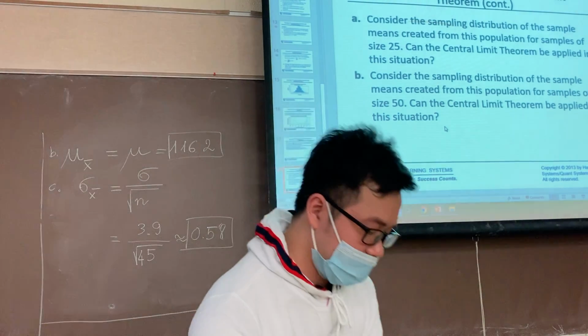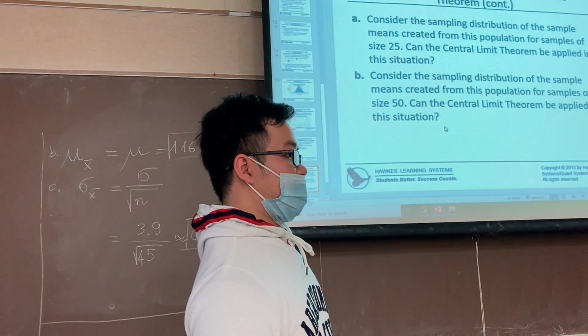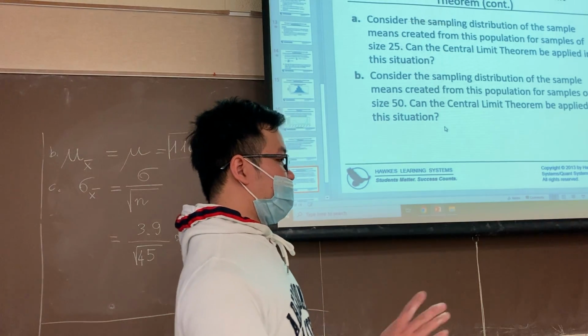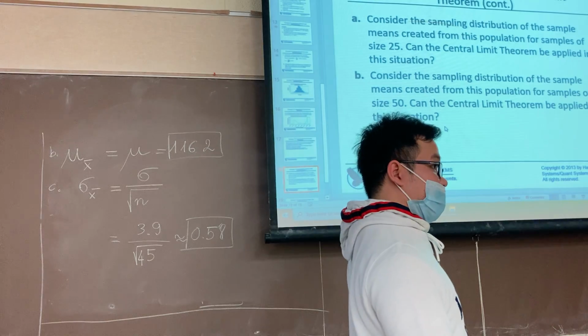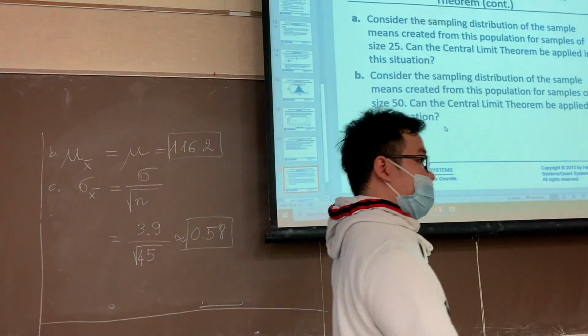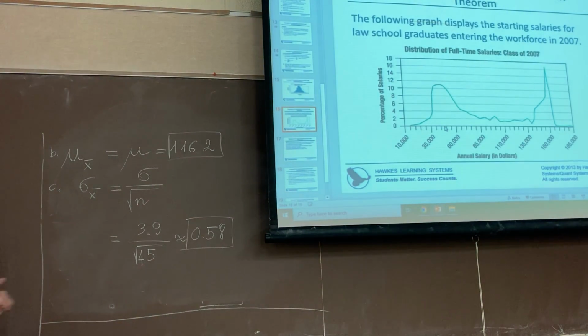No, because the sample size has to be 30 or above. Exactly. But we forget one thing: it doesn't satisfy the sample size, but we also need to check whether the population is normally distributed. This population is not a bell-shaped distribution, so both conditions are not satisfied.